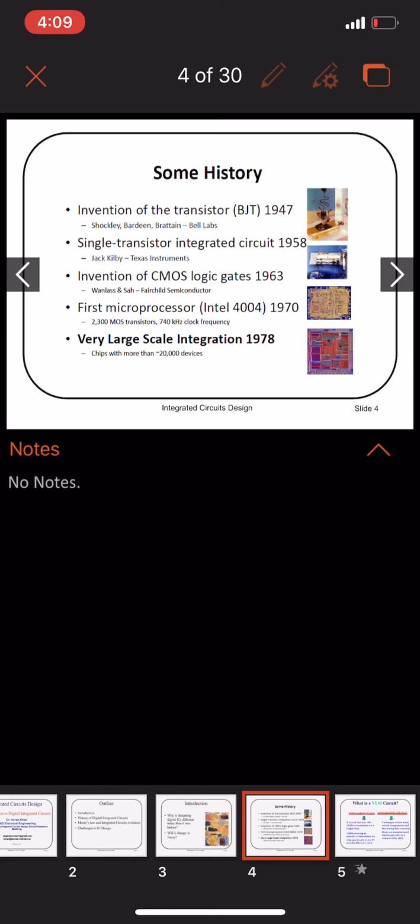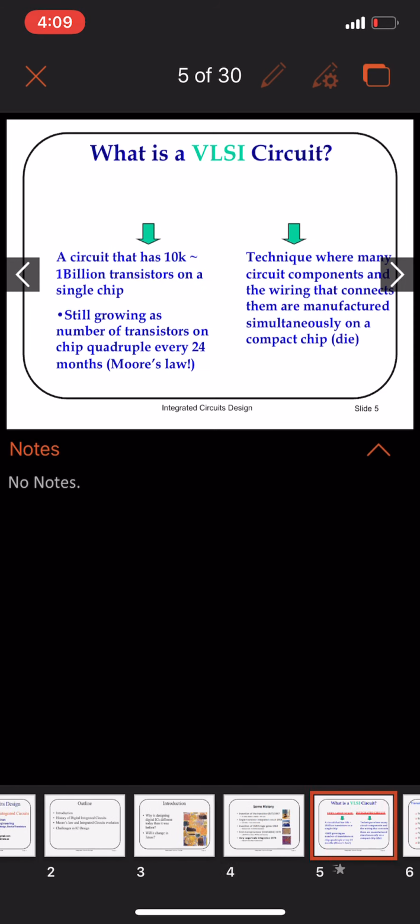Similarly, the first CMOS logic gate was invented in 1963, and Intel introduced its first microprocessor, the Intel 4004, in the 1970s. In 1978, the first VLSI based system was introduced. VLSI means very large scale integration.